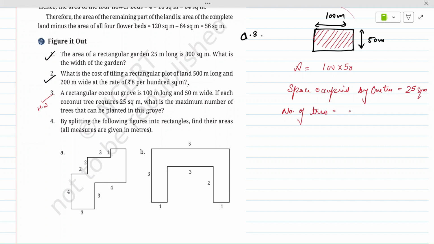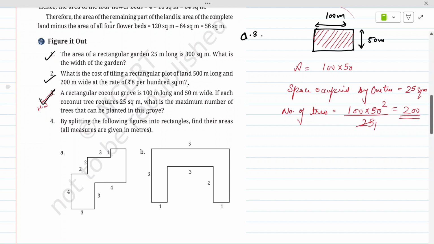We have the area of total land and we know how much space is taken by one single tree, so this calculation gives us the maximum number of trees that can be planted here. Nearly 200 trees can be easily grown here. Okay, so this also we have covered. It's not homework now.